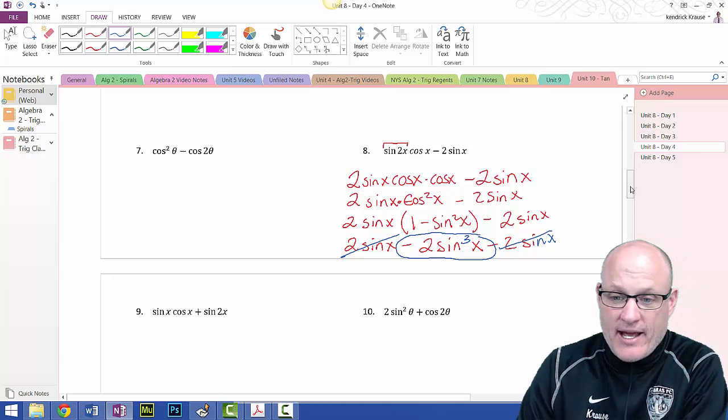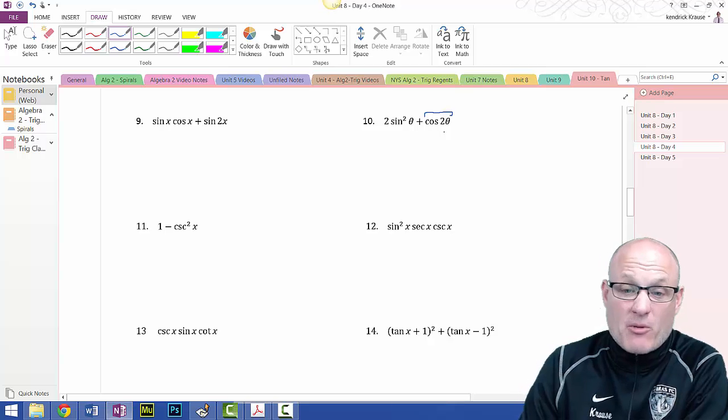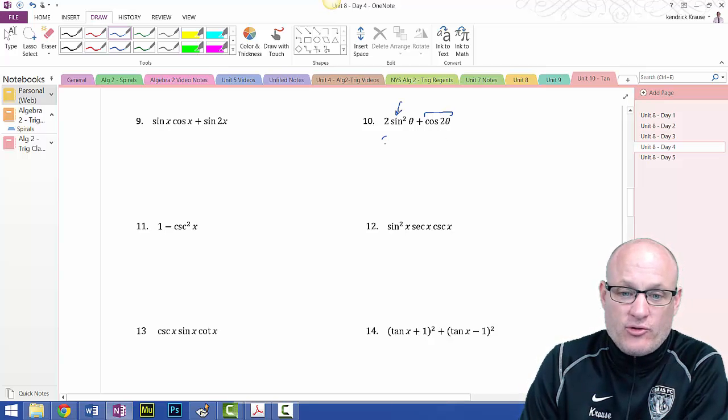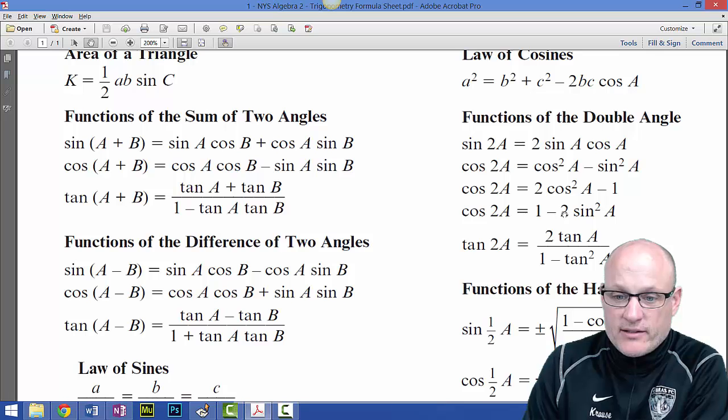I'm going to 10 next. So what we want to do, it looks like we want to probably replace this. We always want to replace the double angles. And I'm going to replace it with something that kind of matches this. So 2 sine squared theta plus, let's see, go over to my formula sheet. I'm going to pick the one with sine in it: 1 minus 2 sine squared theta.